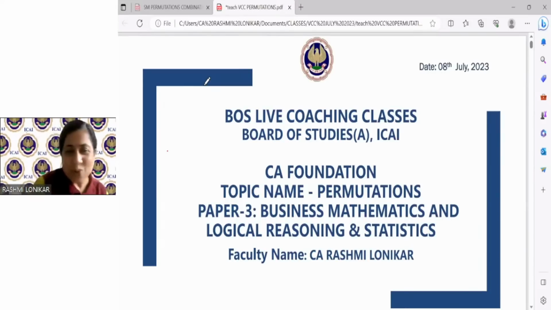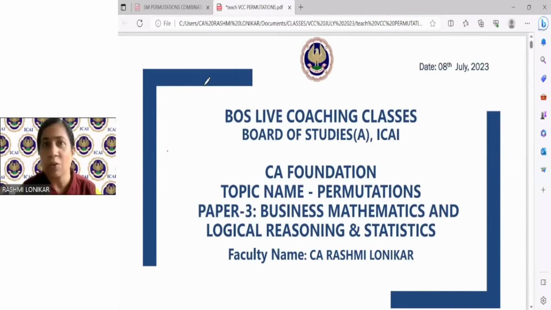So all of us are ready to dive into the topic of permutation and combination, right? This is a very important topic because once you master permutation and combination, when we go for probability, it becomes very easy to solve. Probability has a lot of practical application, so the study of permutations and combinations is important there.